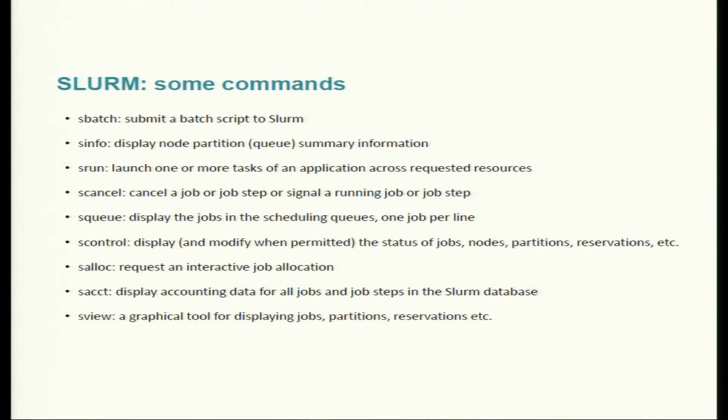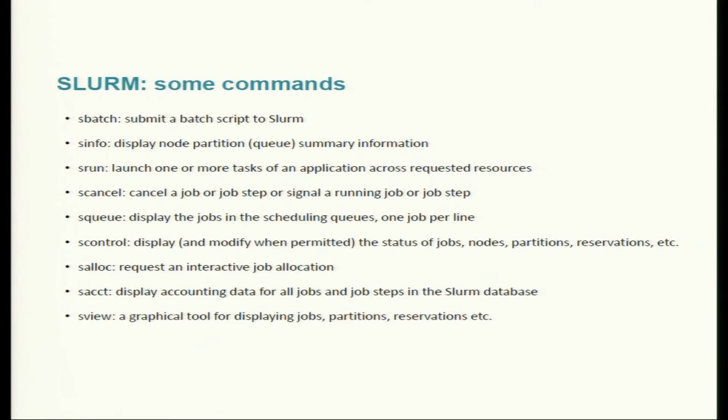Then sinfo gives us a summary about what nodes or what resources are available on our system. Then srun is used to launch the job. Within our script, we can use srun. We can also use srun for interactive access.